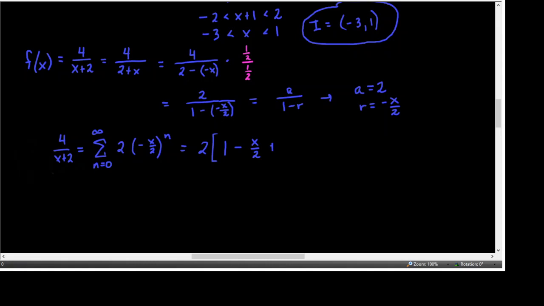Plus, then put in 2. So negative x over 2 squared is x squared over 4, positive. Put in 3. A negative number cubed is negative, so minus. Putting in 3, that'll be x cubed over 8, etc.